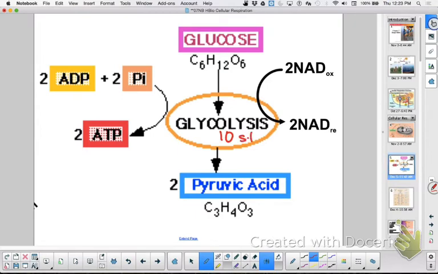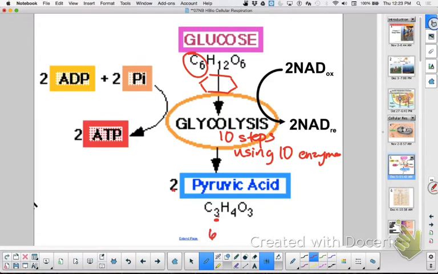Yeah, it's 10 steps, using 10 different enzymes, exactly. And ultimately, you're taking this glucose that you have right here, and you're basically just breaking it in half, right? And we know that glucose has 6 carbons, and each of these pyruvic acids has 3 carbons, and since I have 2 of them, 2 times 3 is what?